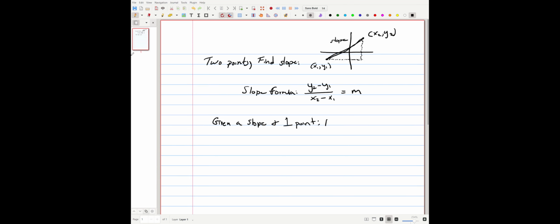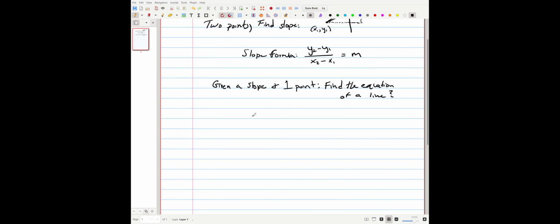How do we find the equation of a line? Well, it's in the name of one of the forms that we talked about. They're going to give us a slope, and they're going to give us a point. So which one of the forms we talked about has both the word slope and point in it? Well, point slope form.